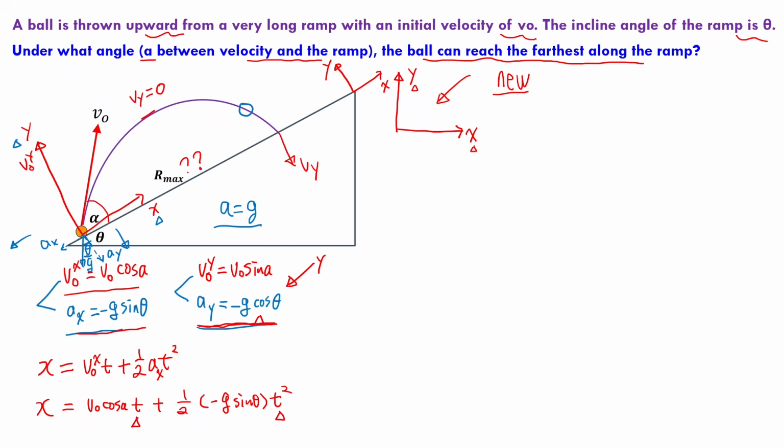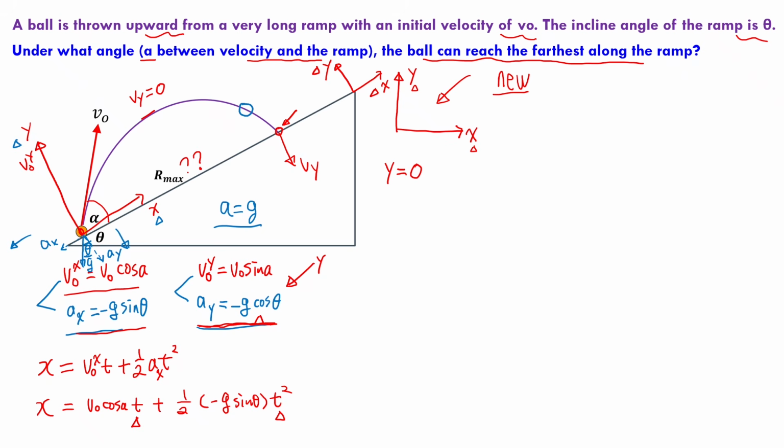So how do we find the time after launching to the moment when the ball hits the ramp? This is very straightforward because now our coordinate system is perpendicular to the ramp direction and along the ramp direction. After the ball is launched until the point the ball hits the ramp, the y displacement is 0.